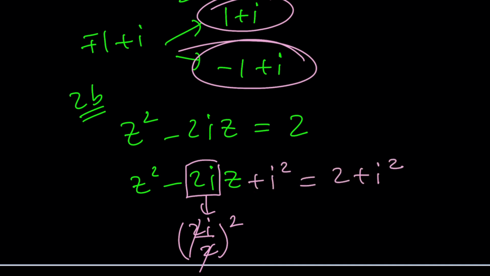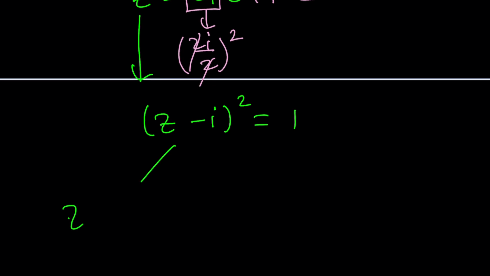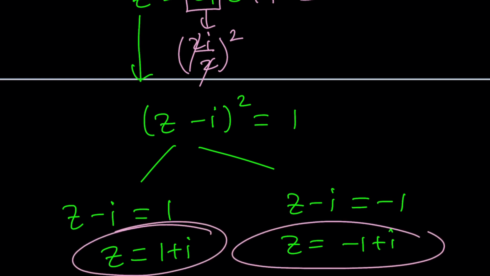I know it's negative 1, but the reason why I do that, I want to show you, okay, this is z minus i squared. Makes sense? And this is 2 minus 1, which is 1. Beautiful. From here, you can split up into 2 solutions. z minus i is 1, or z minus i is negative 1. So z can be 1 plus i, or z can be negative 1 plus i as before. It's just an alternative to the quadratic formula, or maybe this is how they came up with the quadratic formula.